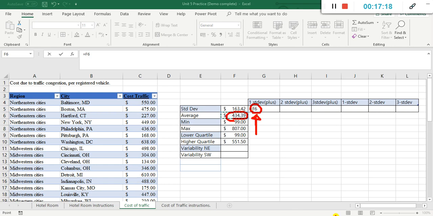But if I put the number, if I change it, it's not gonna happen. So in this case, for example, whatever I write on the F6 cell plus whatever I write on the cell F5, add it.